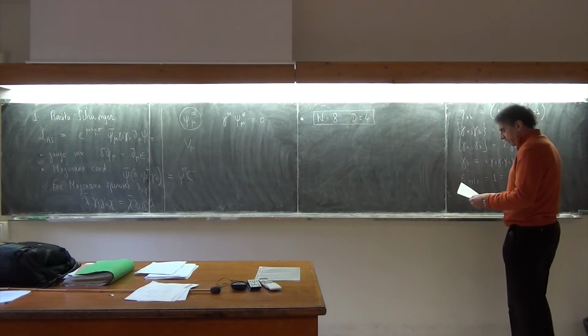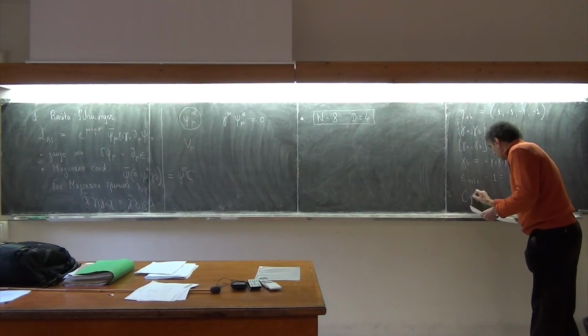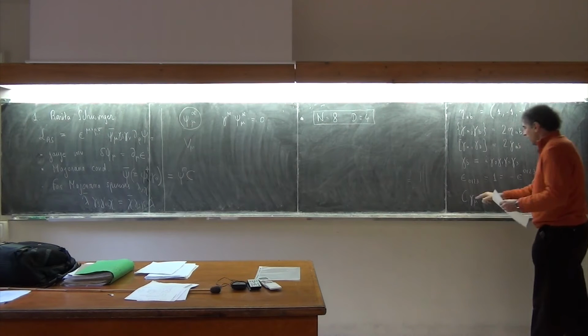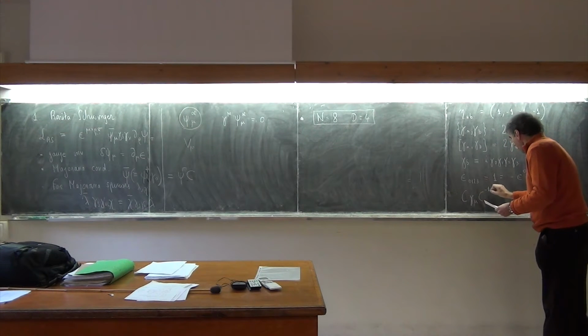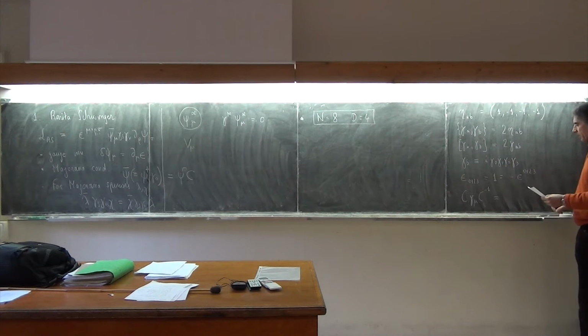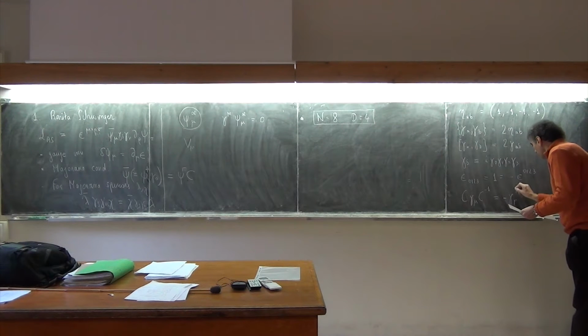And all the properties originate from this definition. The charge conjugation matrix on any gamma gives me minus the gamma transposed.